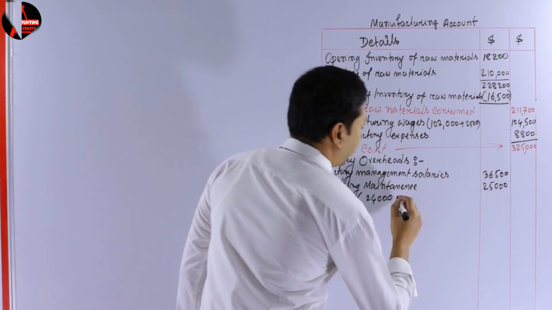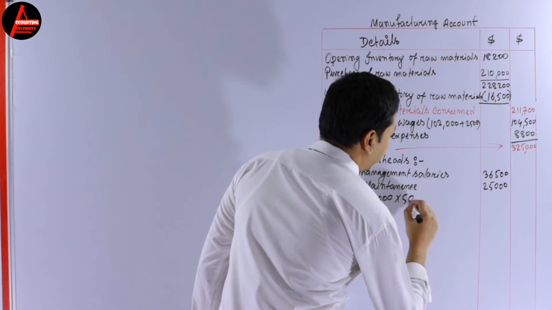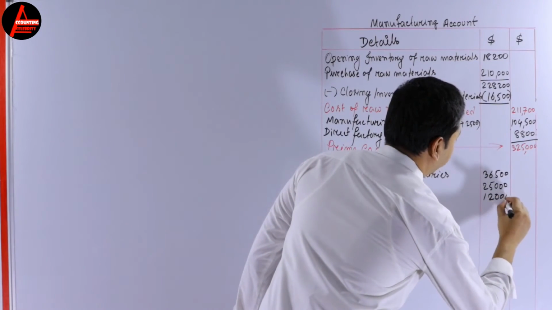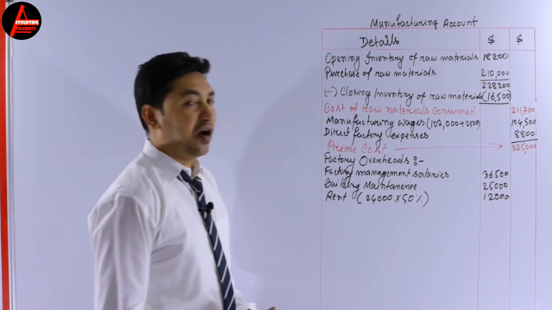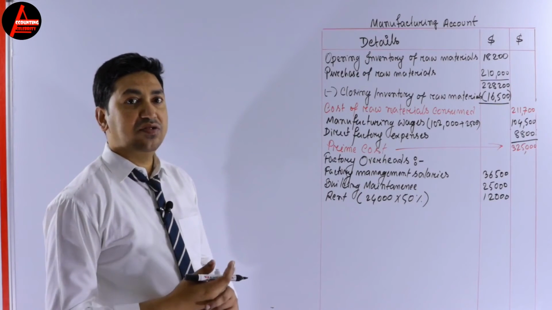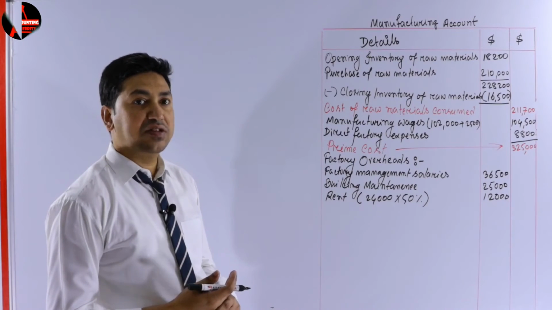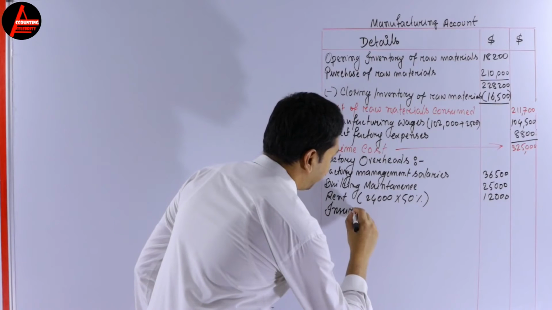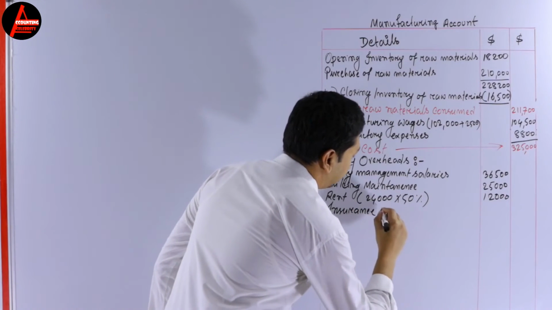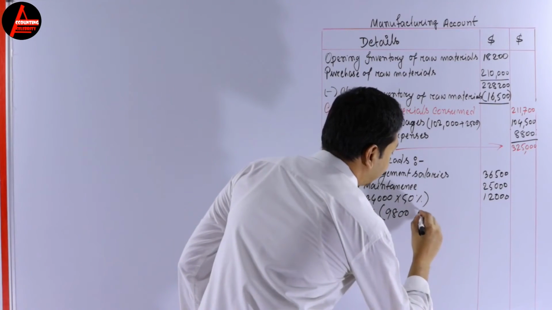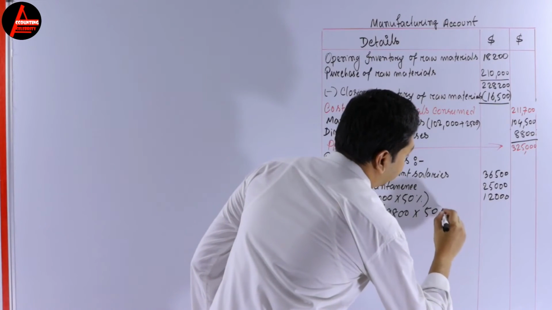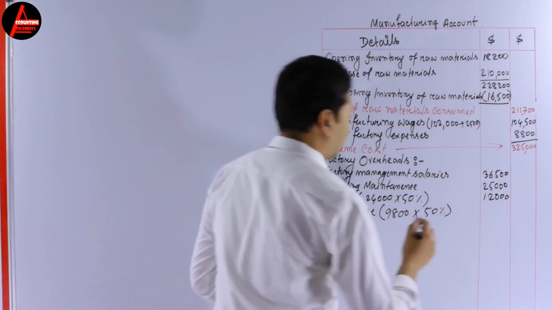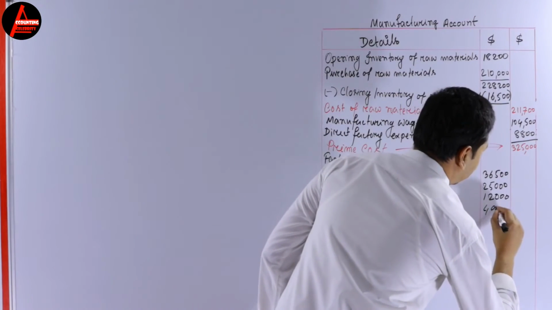So $24,000 times 50%, what is your answer? It is $12,000 in this account. Then next we have insurance, $9,800, and the adjustment says take 50% for the manufacturing account. So it is $4,900.